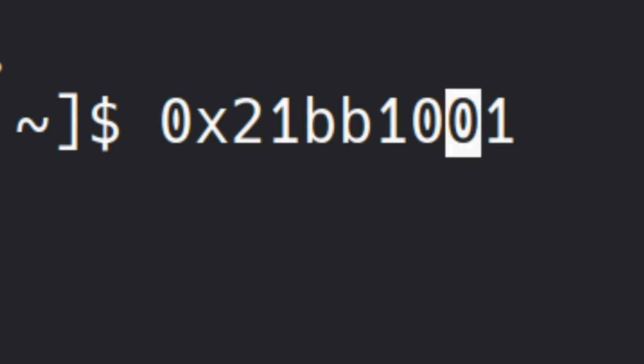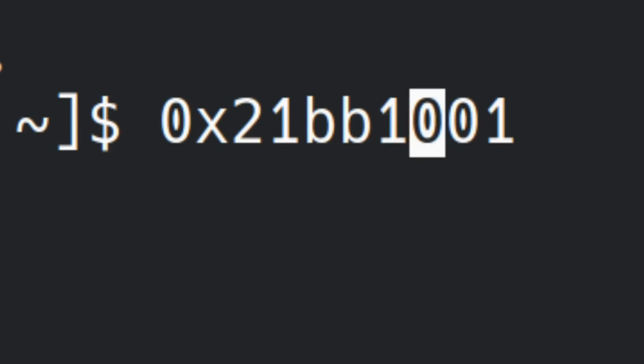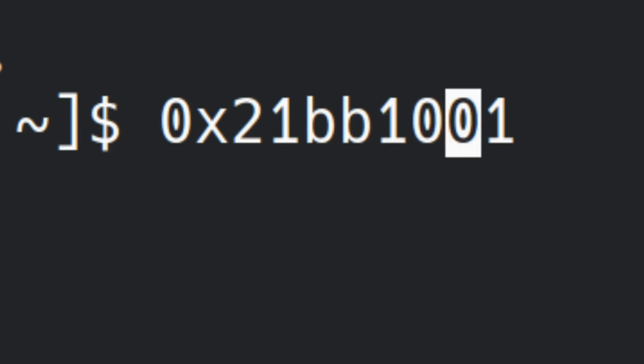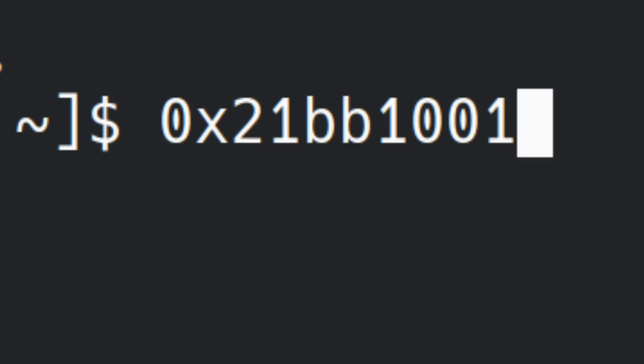I don't know what the 21BB10 means, but I assume what it means is mic monitoring, and then the very next byte is turn it on, 01. And then I noticed that the headset would immediately reply back with that.